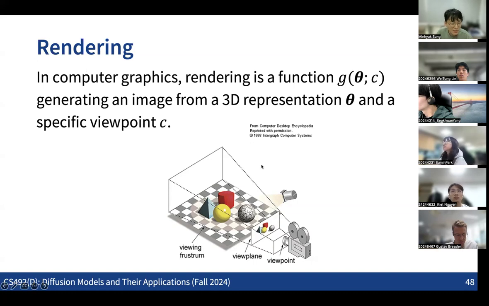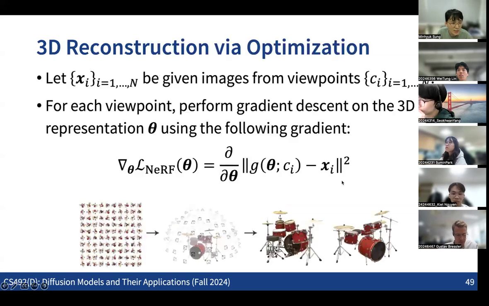So given this 3D representation and the rendering function, 3D reconstruction is an optimization process in which we try to match the rendered images to the given images.